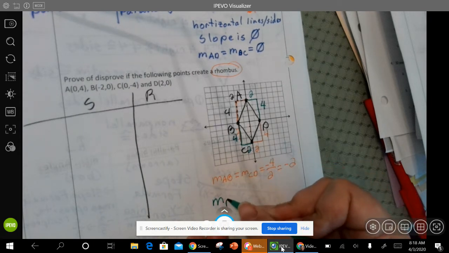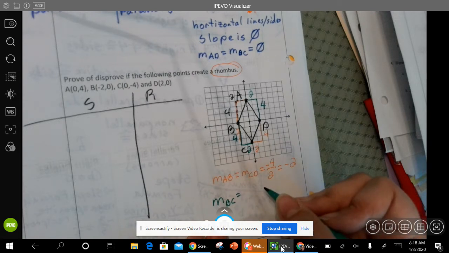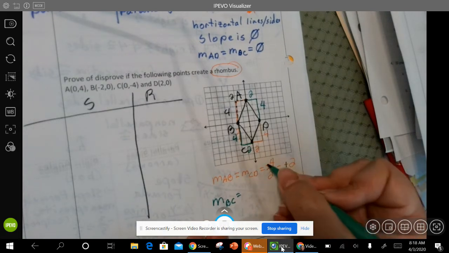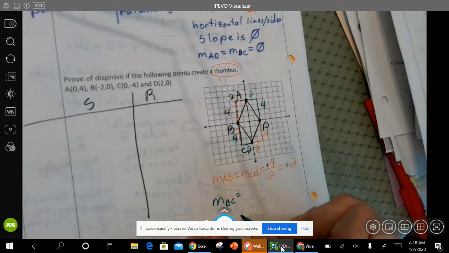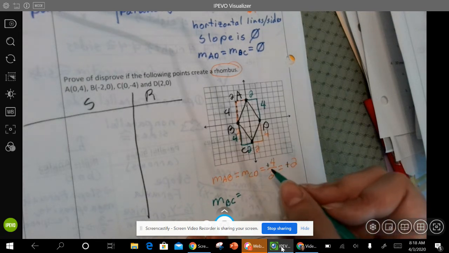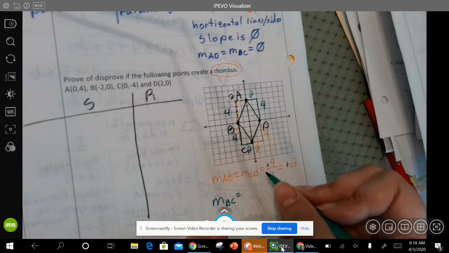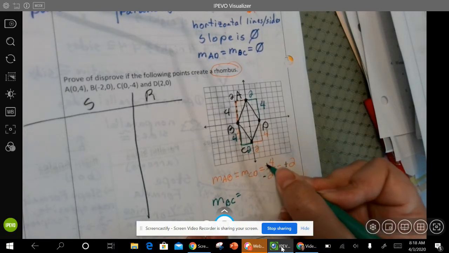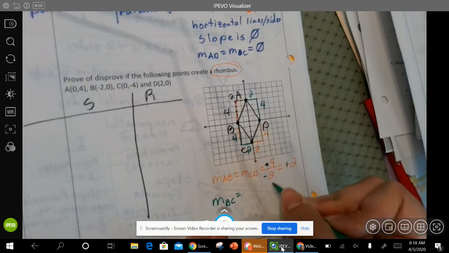So the slope of BC, well, those are going uphill. So negative 2 over negative 2. That's how it would become positive.